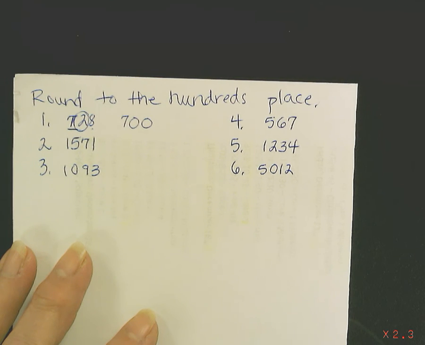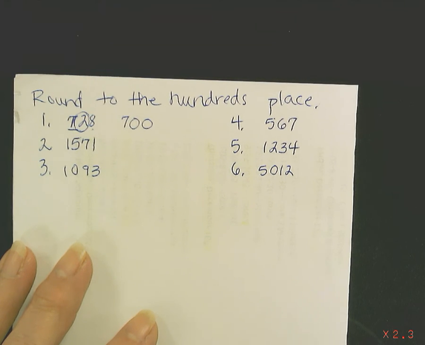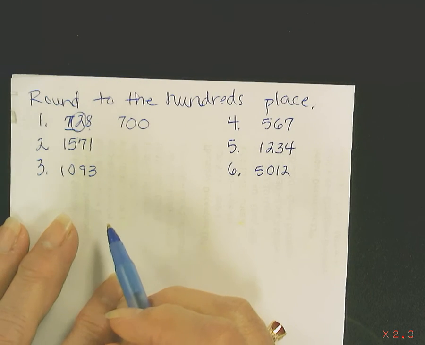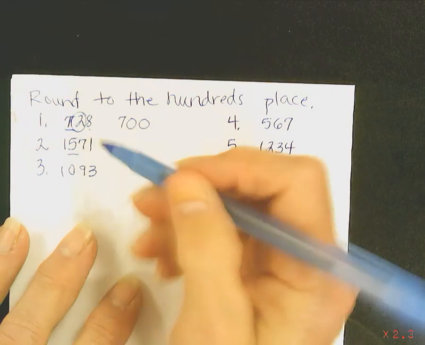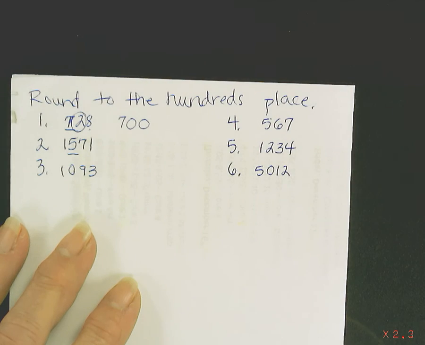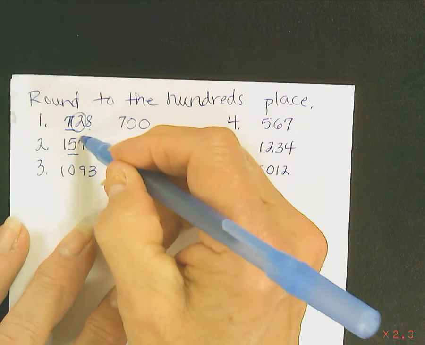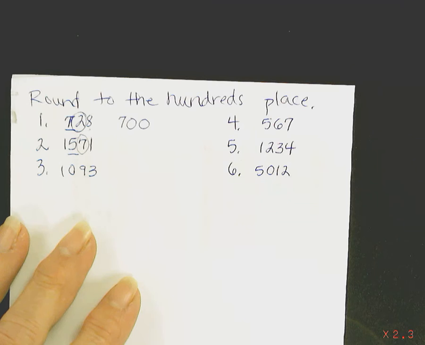So for number 2, what number, Lydia, is in the hundreds place? 5 is in the hundreds place. But Elena, what number do we look at for rounding instructions? 7. We do look at the 7. And Jacob, what does the 7 tell you to do?